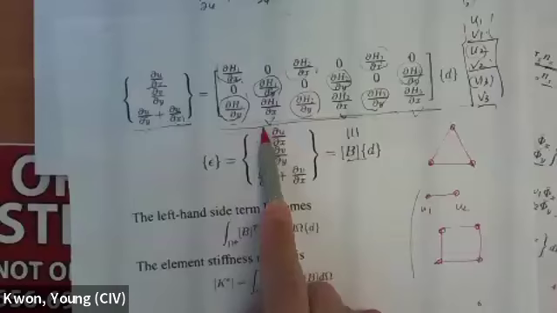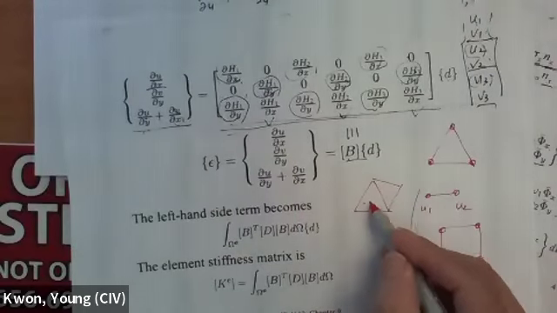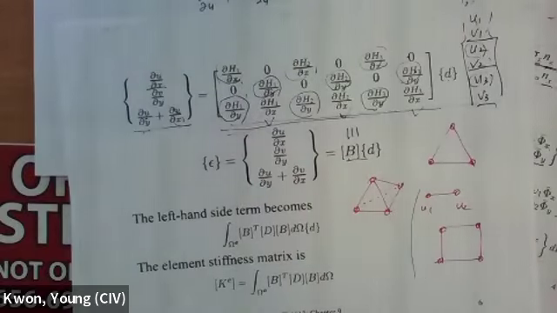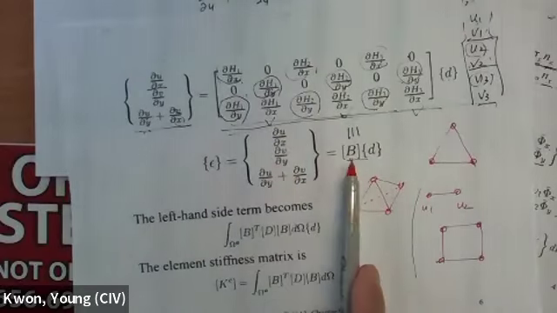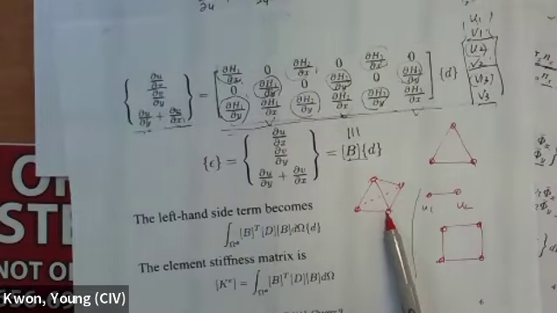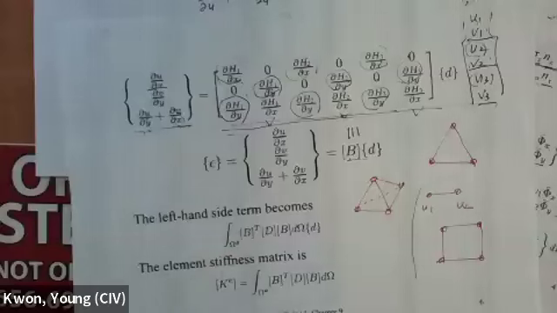You follow me? I'm going to ask one more time. What about a tetrahedral in 3D? This is the simplest 3D element. What size is this matrix B? 6 by 12. Each node has 3 degrees of freedom, 4 nodes, so 12. So B is going to be 6 by 12. Right?